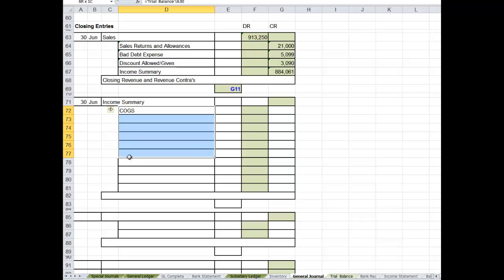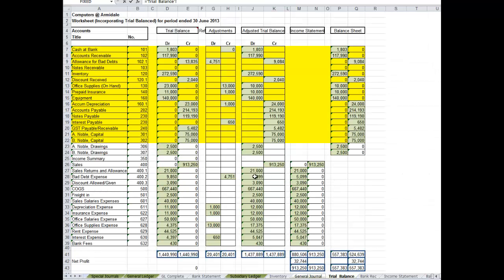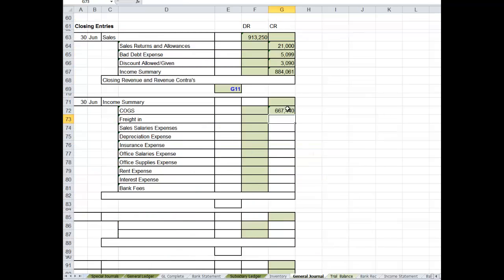We can fill this down all the way. As I said, this is a pretty straightforward process. Then cost of goods sold, the dollar amounts. So the income summary will be the total of all of those.